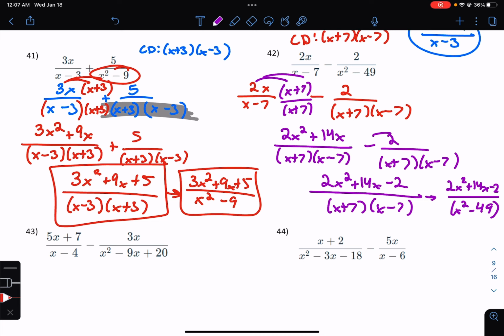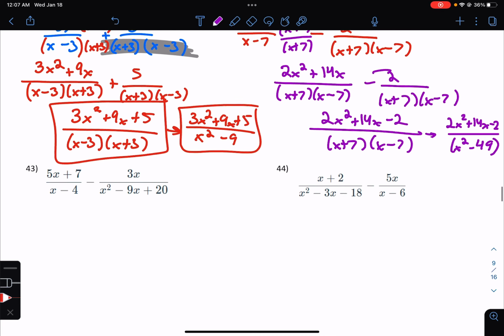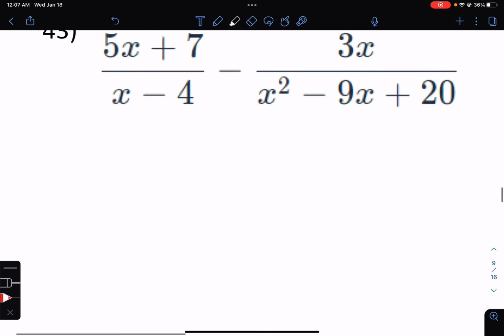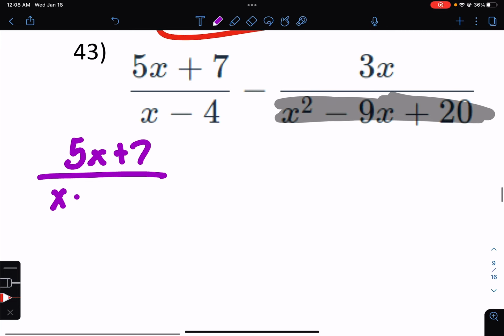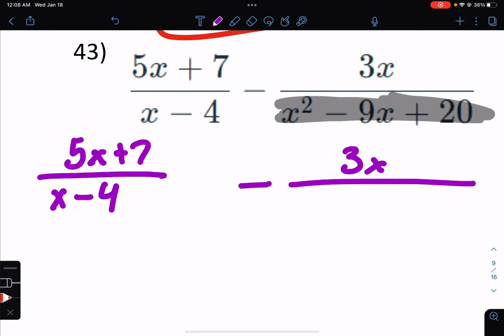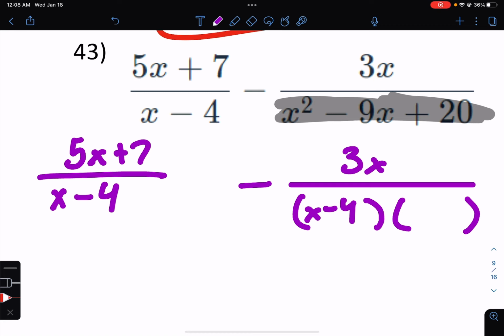All right, next one. So, again, first thing you have to do is factor the denominator, all right? So the first guy doesn't need to be factored at all. However, the second guy we can factor as x minus 4, x minus 5. Remember, you need to figure out what multiplies to this guy, adds to this guy, all right?